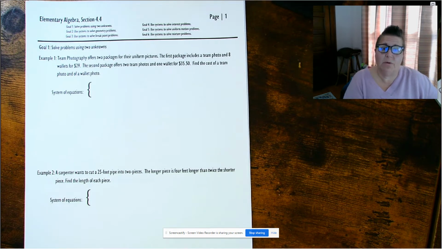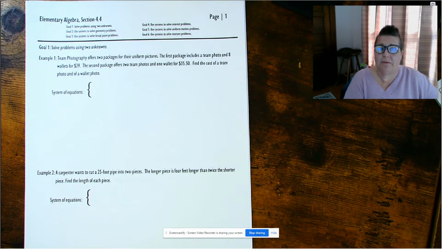So our skills that we're working on today are the ability to translate the word problem into equations themselves, and then to solve that system of equations using mostly either elimination or substitution today. So we're going to be using both elimination and substitution, which means we're going to be looking at the problems to analyze which one we think is best. Now, as I go through these problems, I'm going to do the one that I think is best.